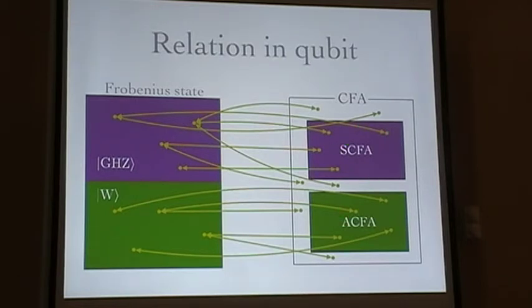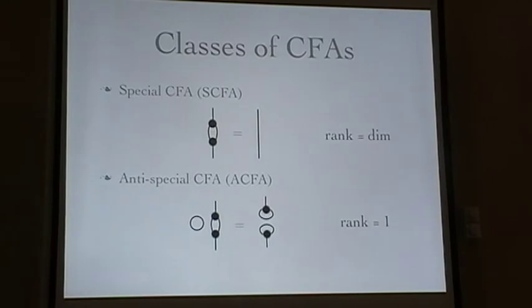In this meaning, SLOCC equivalent classes of Frobenius state of qubits are characterized by CFAs graphically. Name these as the classes of CFA, named SCFA and SCFA. These two kinds of CFAs are defined using the loop.